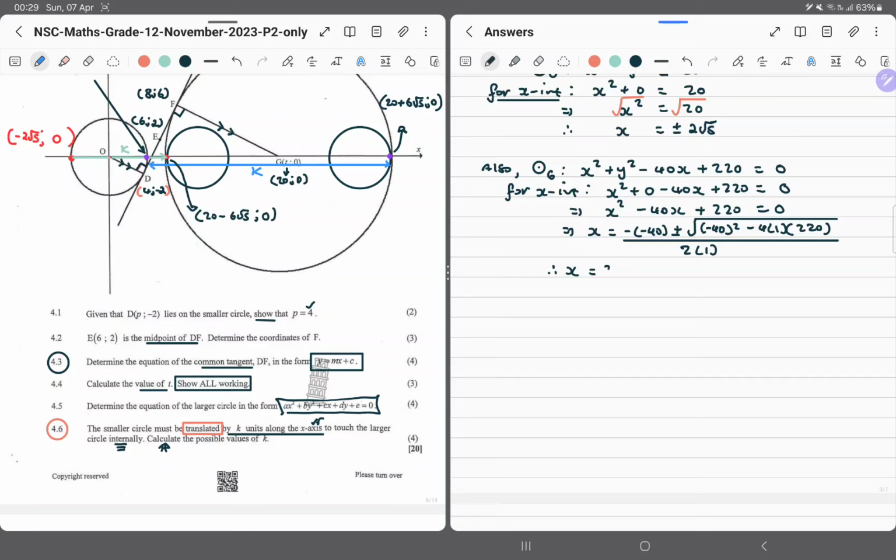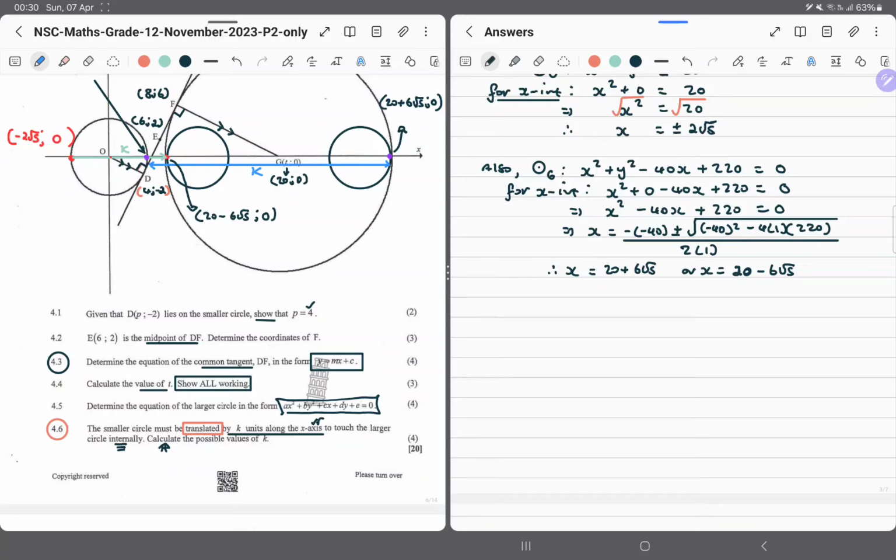So I'm getting here 20 plus 6 square root of 5, or x is going to be equal to, your time is flying. Can you see certain techniques will destroy your time? This one is basically 20 minus 6 root 5. Can you see? So we're getting exactly the same things that we did by inspection.